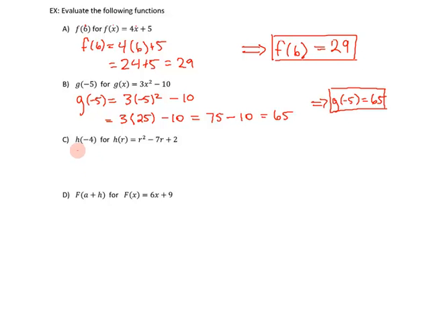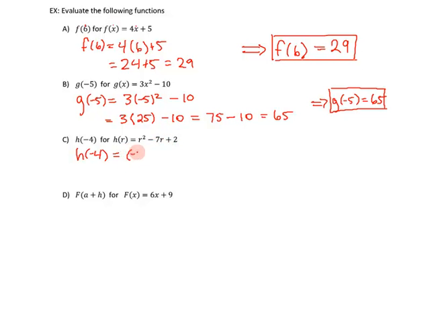Alright, now h of negative 4. Again, I've changed something else here. Instead of talking about f or x, the name of the function is h, and it depends on the variable r. So r is my input, and h of r is my output. But that doesn't change the procedure. If I want to find h of negative 4, and I have h of r in terms of r, that means I'm going to plug in negative 4 for every r.